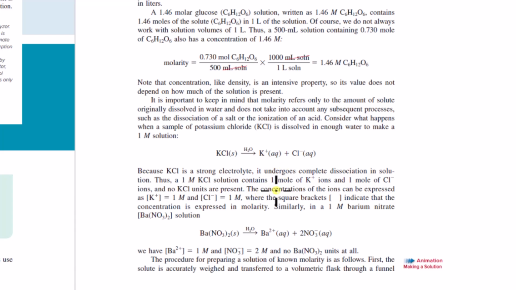And so we can then state that the concentration of K+ ions in the solution is 1 molarity, and the concentration of Cl- ions in the solution is 1 molarity as well.